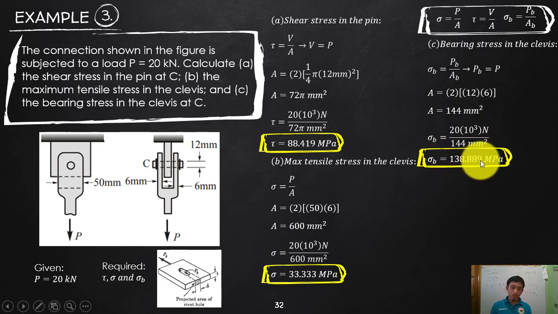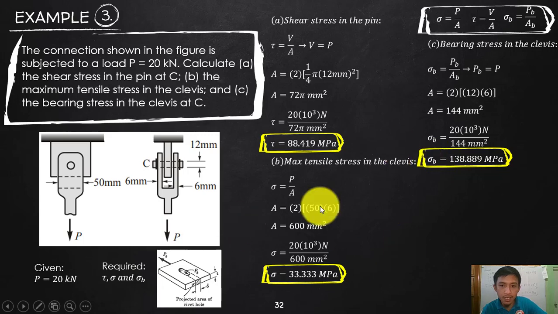Okay, in case you are given the strength of the clevis in terms of bearing and in terms of tensile or normal, then you can compare. If this will be higher than the strength in terms of tensile of the clevis, then that will fail by means of tension or rupture because of tension.